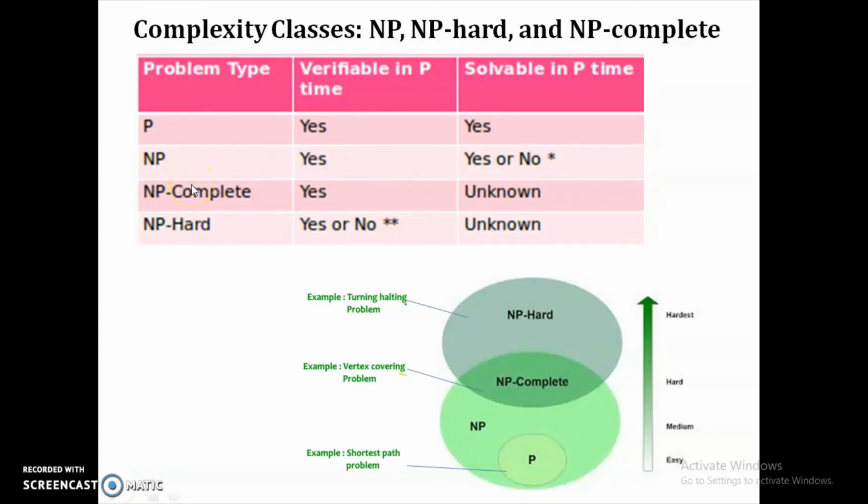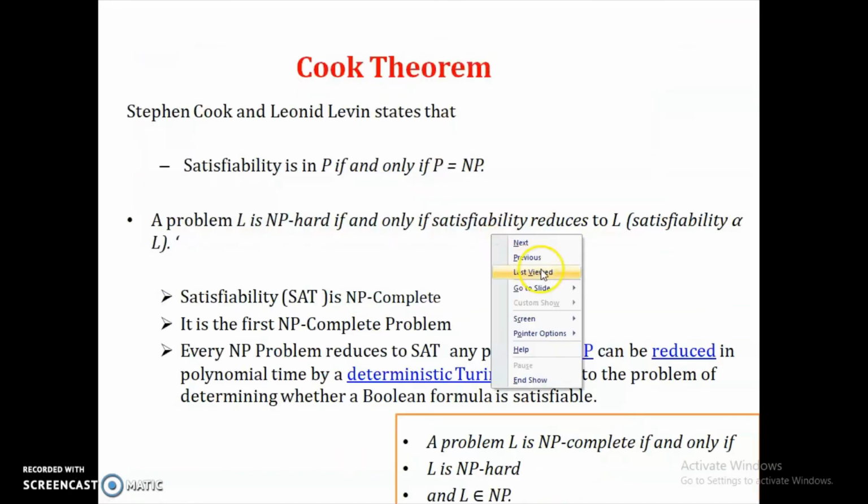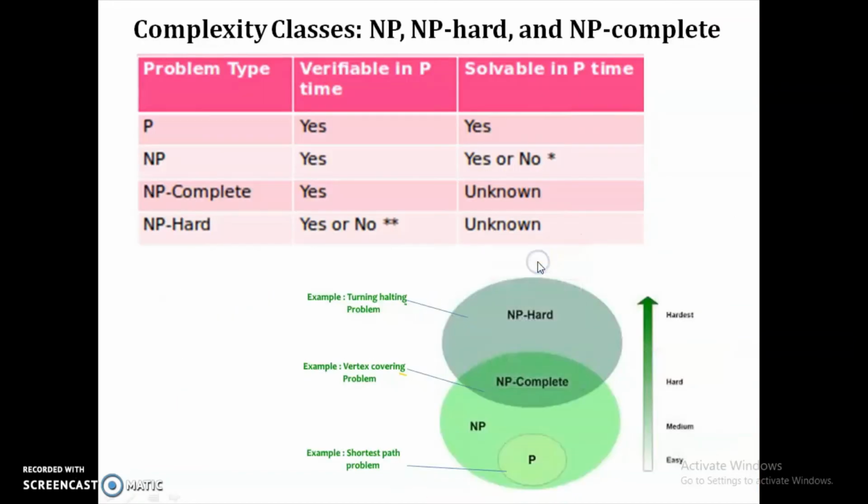Okay, and in an NP complete problem, we don't have any algorithm which solves it in polynomial time, but it can be verified by polynomial time algorithms, that is, using language reducibility. And in the case of an NP hard problem, there is no algorithm which can solve these problems in polynomial time, right? There are algorithms to solve NP hard problems, but none has a running time in polynomial time.